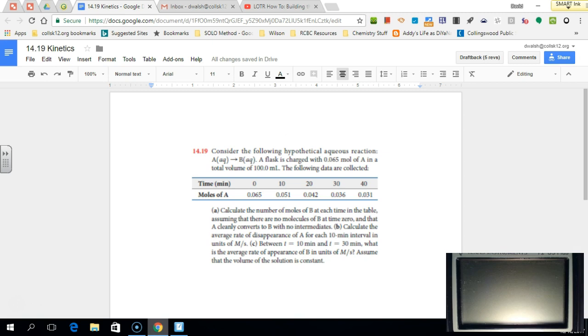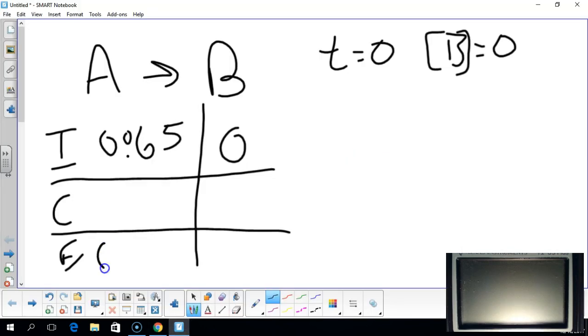Looking at the data in the problem, after 10 minutes we've lost some amount of A, and now we are at 0.051 moles of A. So that means A changed by 0.014 moles.